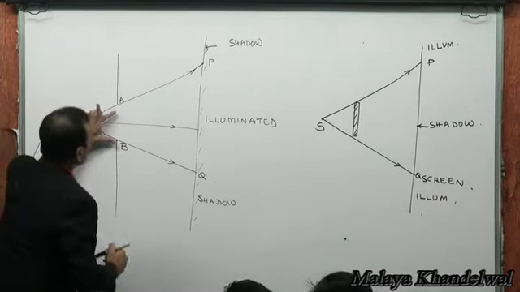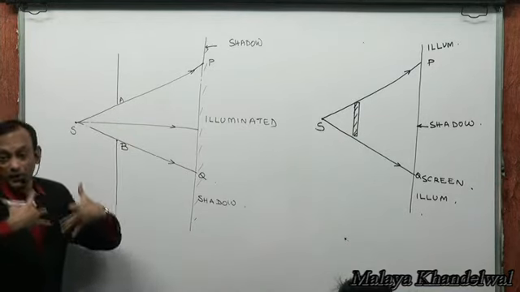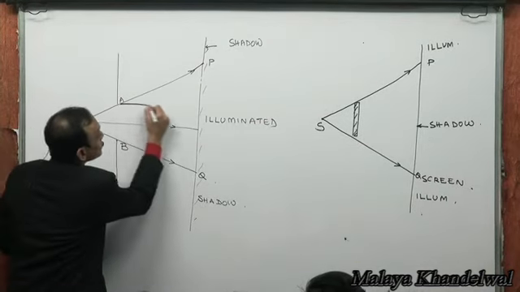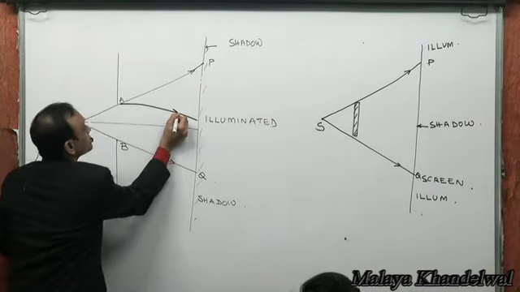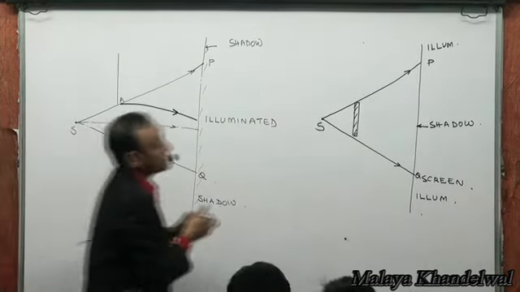That means if I decrease AB, then for very small AB comparable to the wavelength of light, there is an encroachment of light in the shadow region.